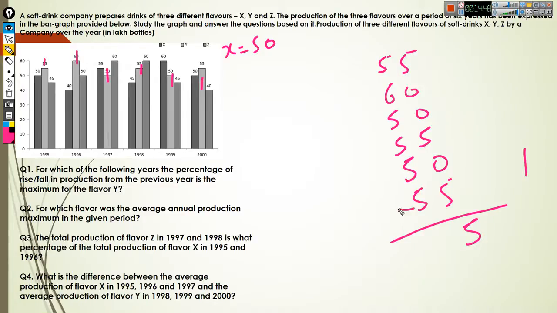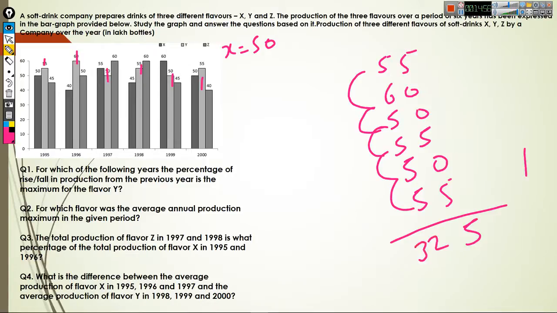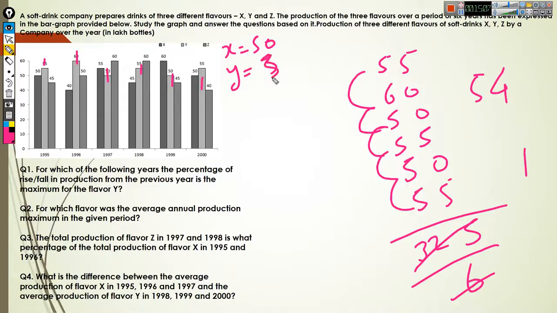Okay, 5 and 5 is 10, 15, 20, 26 and 5 is 31 and 1 is 32. Again divide by 6. 6 5s are 30, 32, 6 4s are 24, so it will be 54 point something. So the average production of Y is 54.